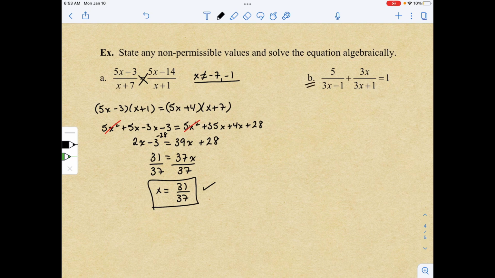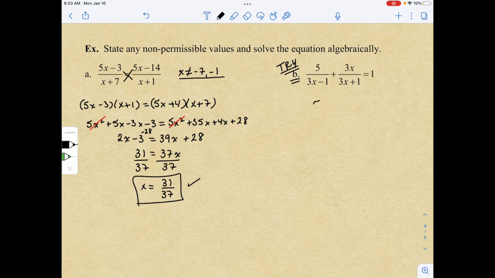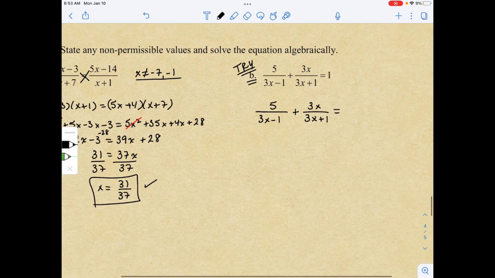Okay, so for question B, I'm going to invite you to at least try and get it set up. I'll put the solution in a second, but to start we're going to need 5 over 3x minus 1 plus 3x over 3x plus 1. We need a common denominator, and so we know that both of our factors have to be in our common denominator: 3x minus 1, 3x plus 1.